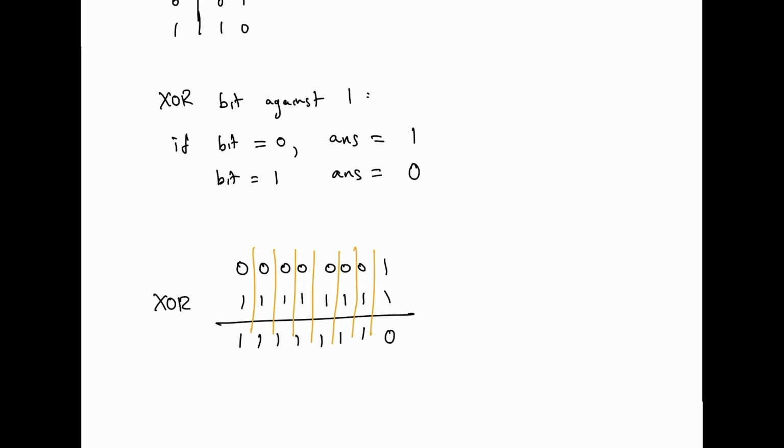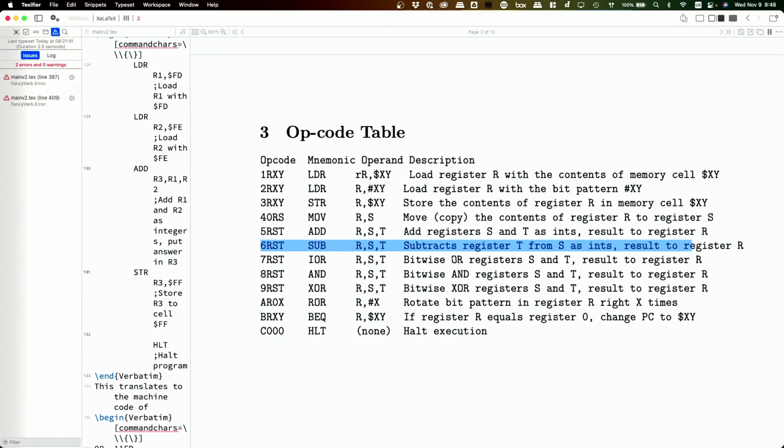No? Okay, so we go back to our instruction set and look what we just so happen to have. We have the ability in our machine to do a bitwise XOR. Now, in a circuit sense, how do you do bitwise XOR with two 8-bit numbers? What do you need? You need 8 XOR gates, right?